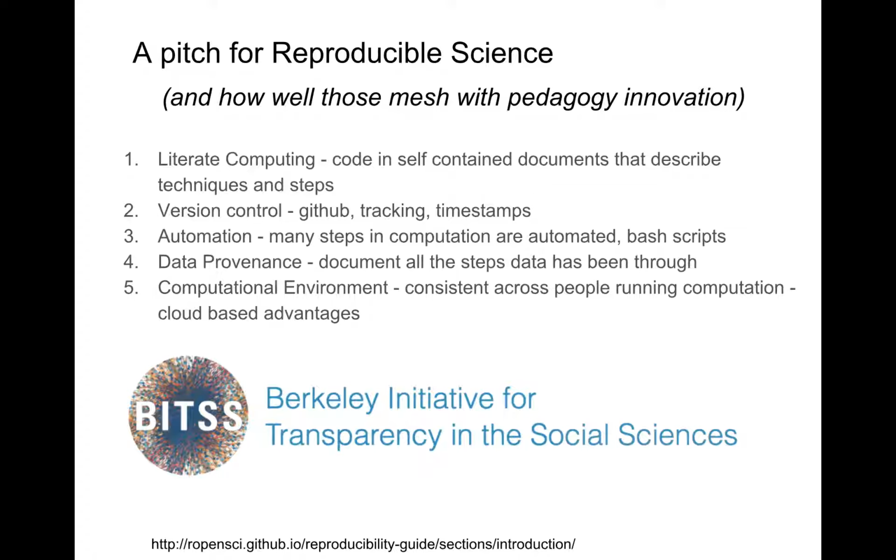Automation: what little bits and programs are calling other subroutines. Where is our data? Where did it come from? What steps did it go through to get there? Is there a version of the data that's put up and publicly available, or is it only on the hard drive in the lab group? And a computational environment that can work across machines, so it doesn't just work on my laptop with my version of R and my little thing installed, but works on every possible computer that would run it.